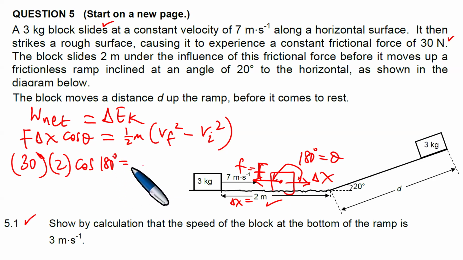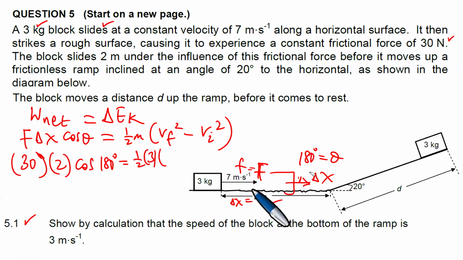And this here is half times the mass, and we know that it is a 3 kilogram block, so you put 3 here. Then you have the velocities that you need to calculate. What is the final velocity? You already know the initial velocity.